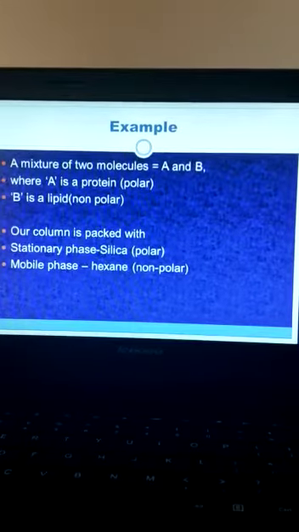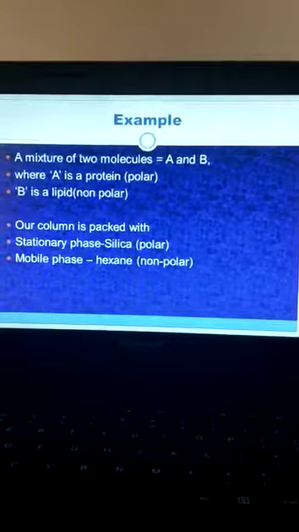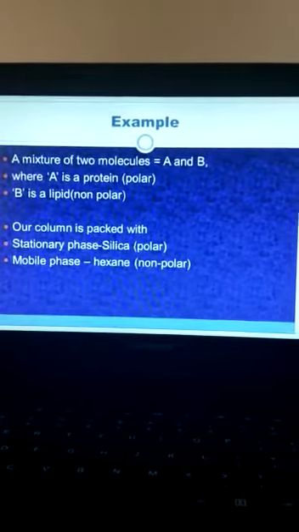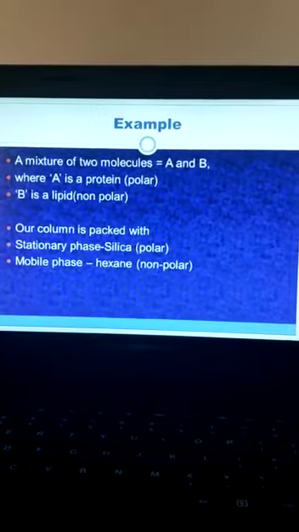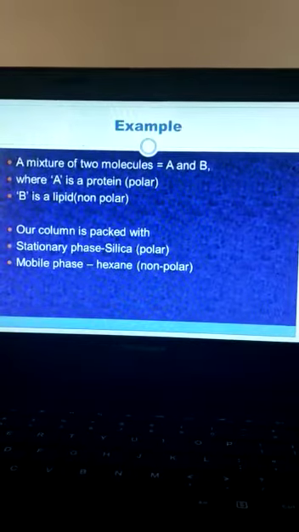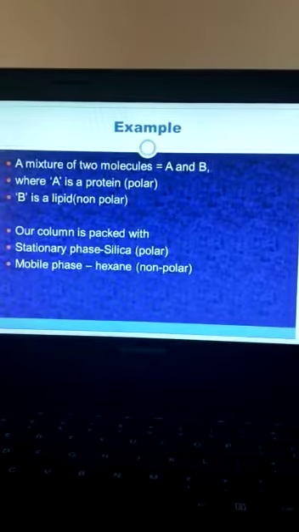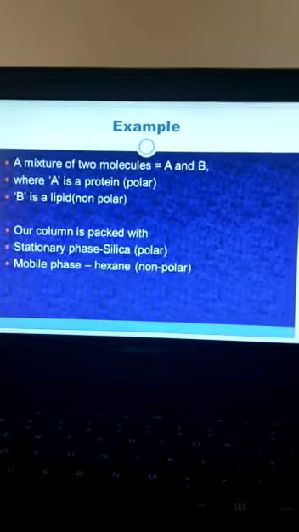Let us take a mixture of two. Suppose we have a mixture of two molecules A and B, where A is a protein and B is a lipid. Our column is packed with silica, which is polar in nature. Our mobile phase is hexane, which is non-polar in nature.